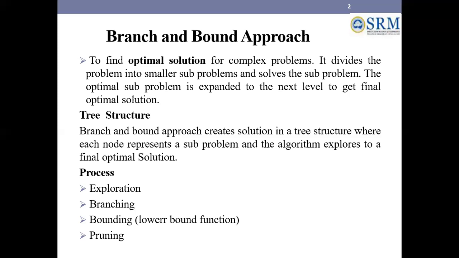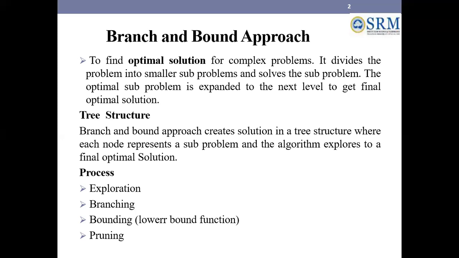What is branching? Finding all possibilities, all sub-problems at one particular level. Each and every level is called branching. Number of branches, the number of possible sub-problems, is called branching. And what is bounding? We are finding the value of each sub-problem. So we have to choose the best sub-problem at a particular level.